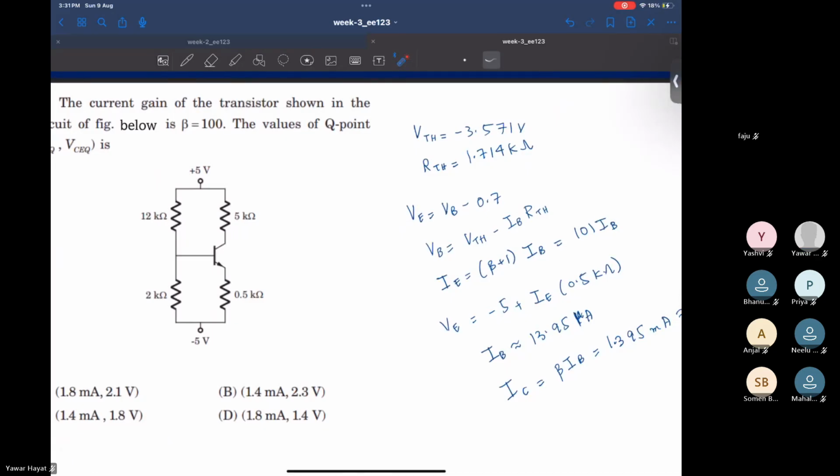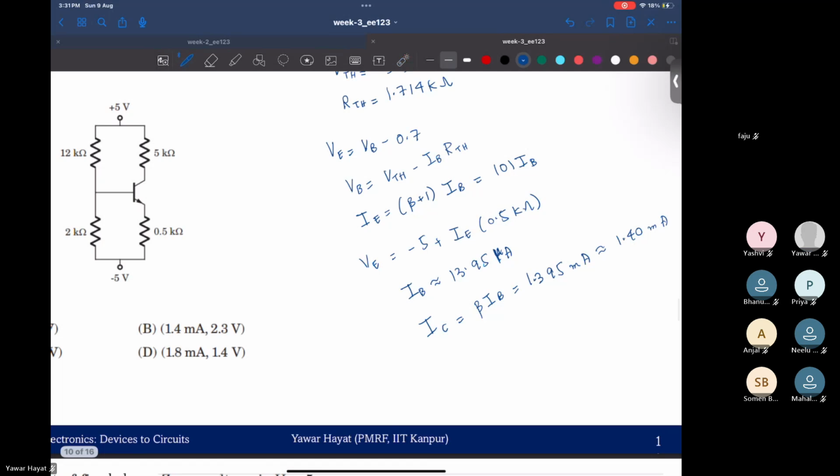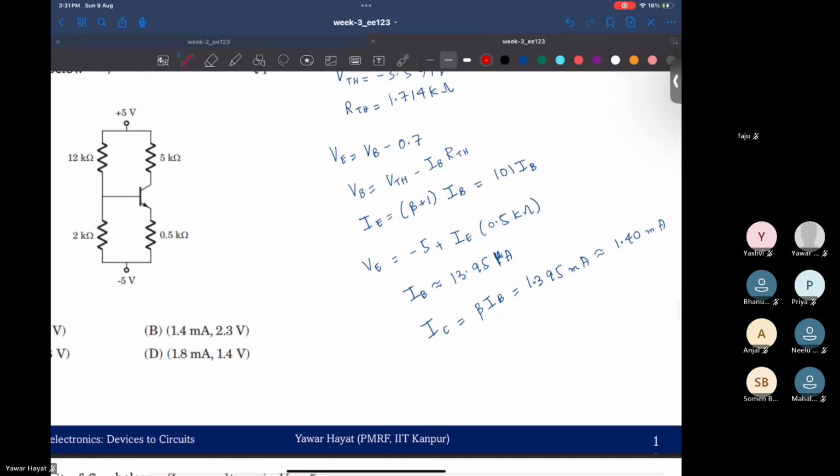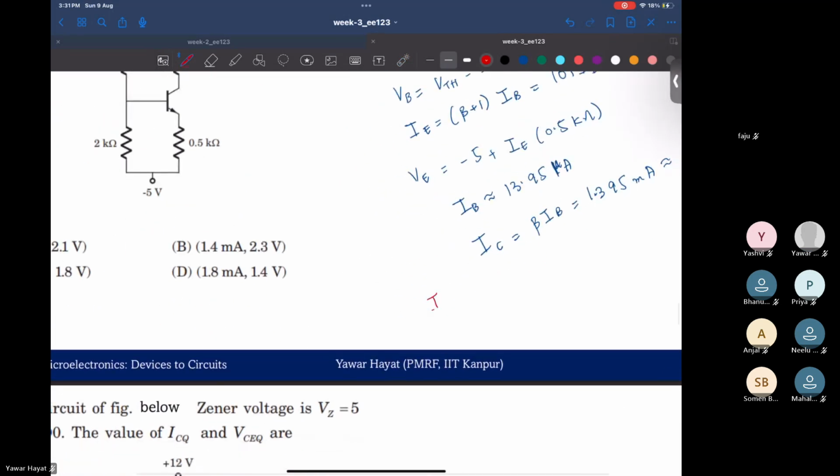How much is emitter current? IC plus IB. Yeah, and how much is that? If you do the maths, it comes about as 1.409 milliamps.